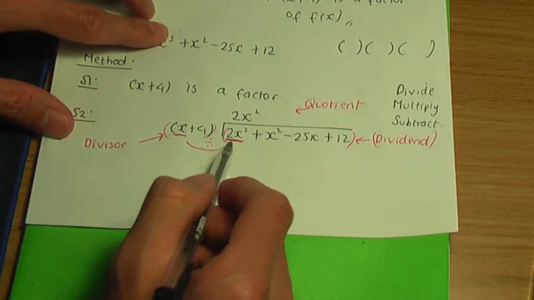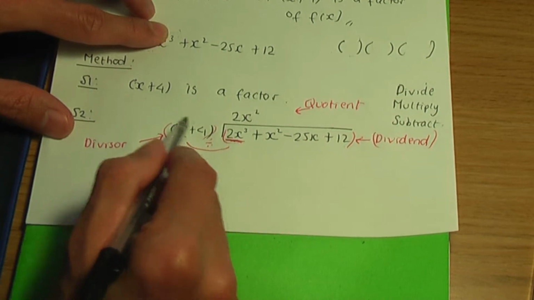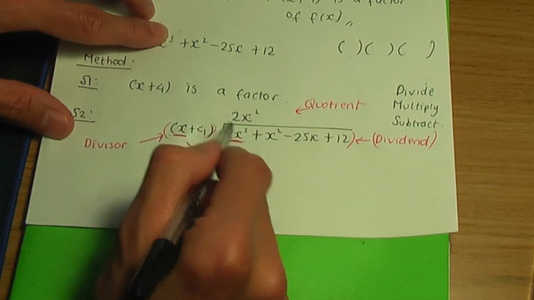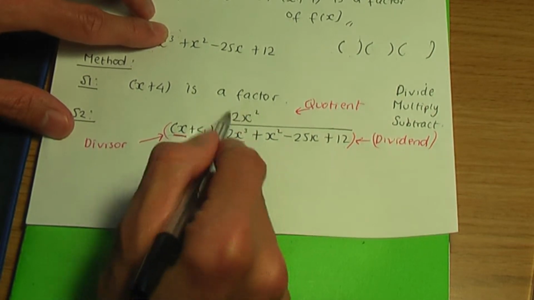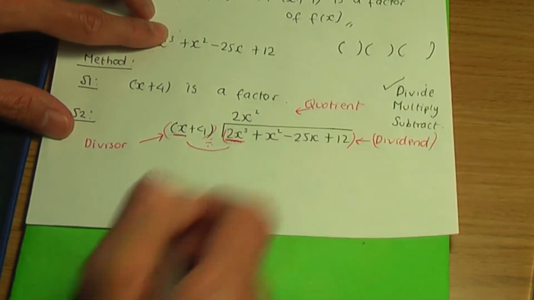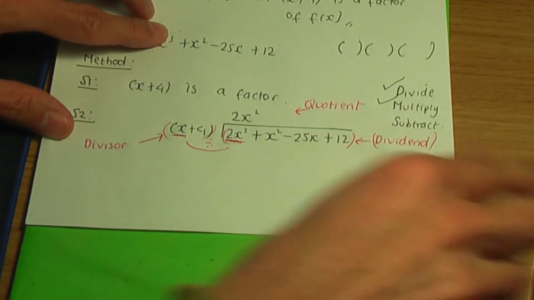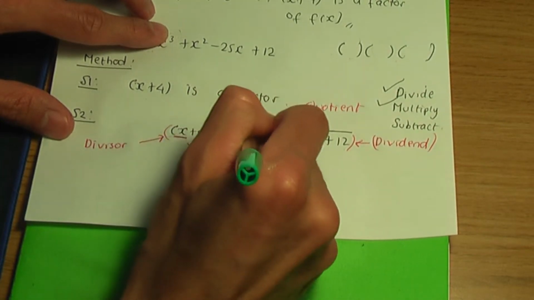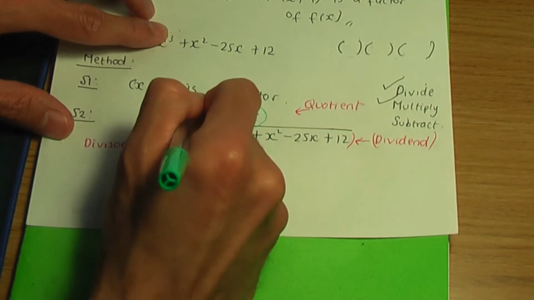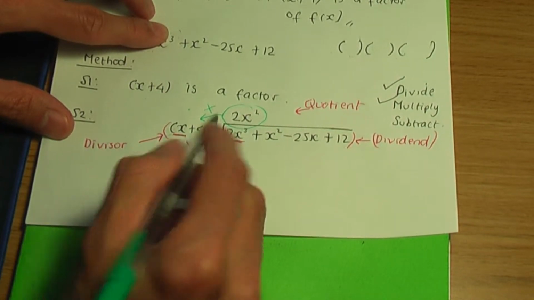Let's recap. Divide the first term of the dividend by the first term of the divisor. 2x cubed divided by x is 2x squared. Write the outcome of division as part of your quotient. So that is what D is about, divide. The next operation is multiply. Multiply means multiply the term that you've got for the quotient by the divisor in its entirety.